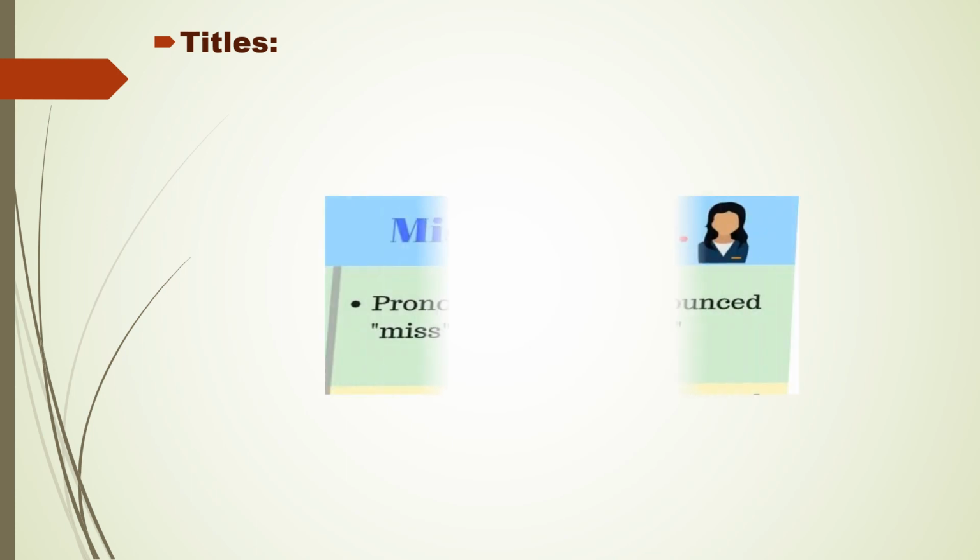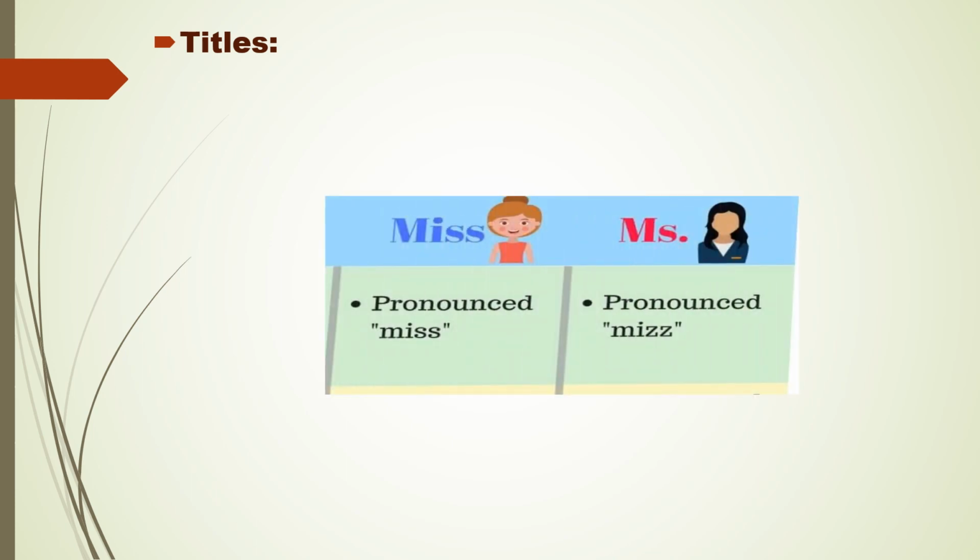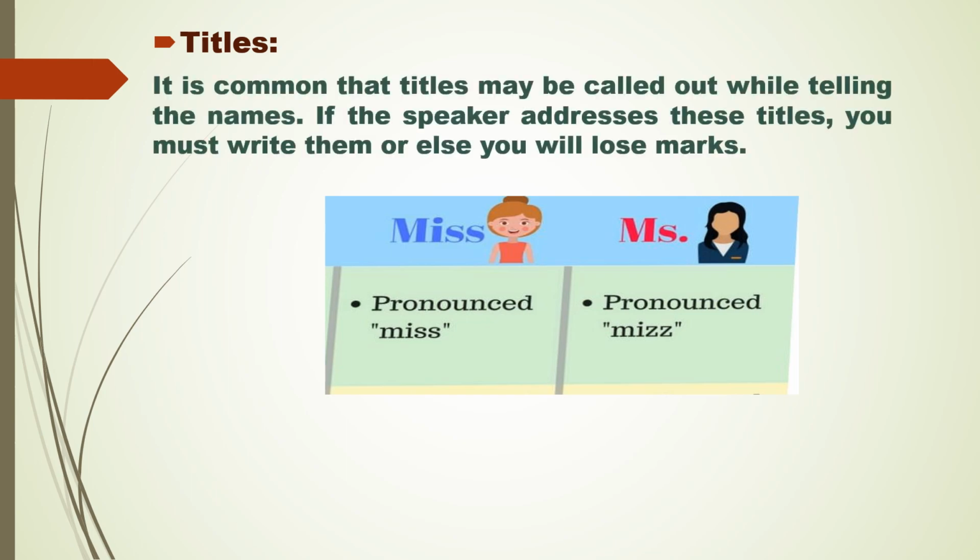The next thing that you should concentrate on is your titles. That is Doctor, Mr., Miss, Ms., Duke, Duchess, Sir, Madam, all these things. Though Sir, Madam, Duke, Duchess are very rare, still they may appear. We cannot predict IELTS.